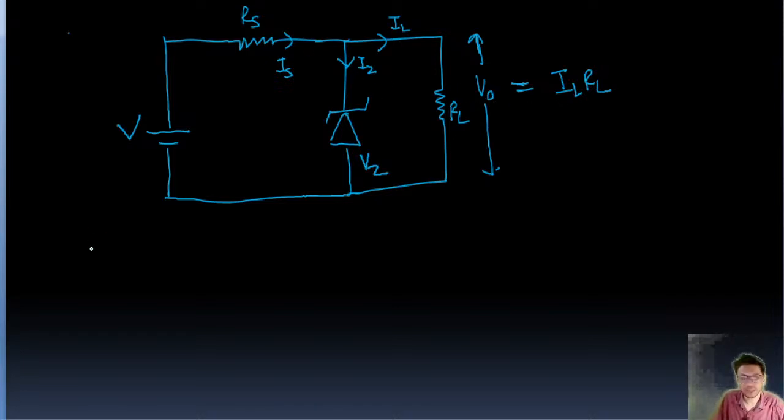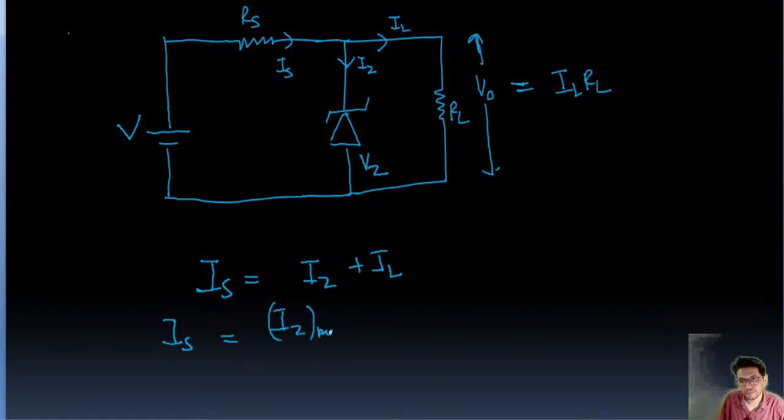So here we know IS equal to IZ plus IL. Very important one. And also IS equal to IZ minimum plus IL maximum.